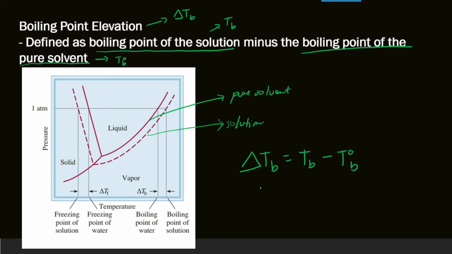This is your BPE or boiling point elevation. Your T sub B here is the boiling point of the solution. Your T with a circle above the B is the boiling point of the pure substance, solvent.